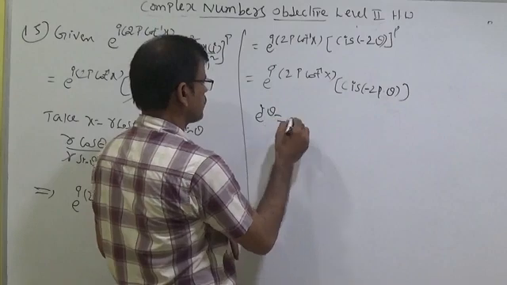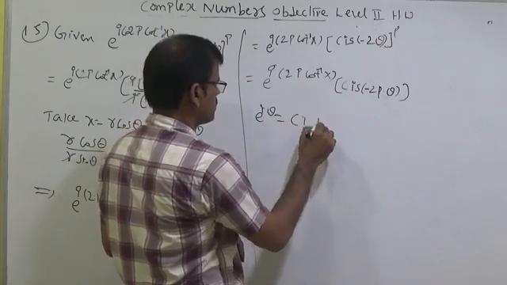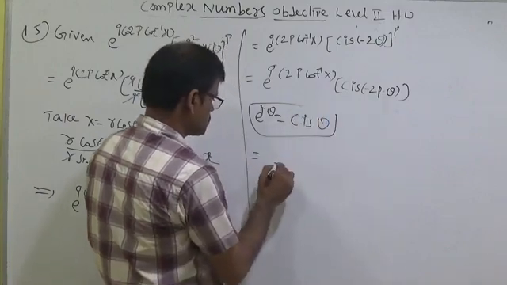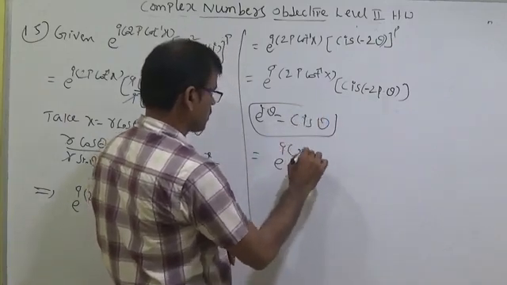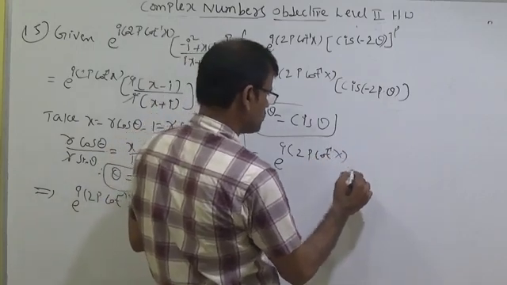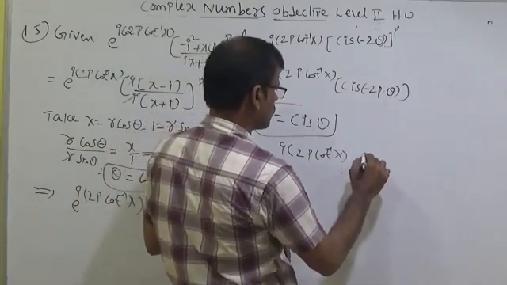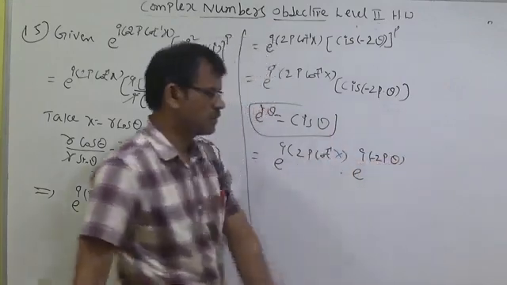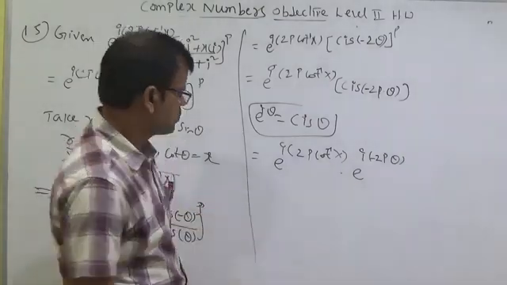According to Euler's formula, you know that e power i theta is equal to cis theta. So that is e power i into 2p cot inverse x into e power i into minus 2p theta.